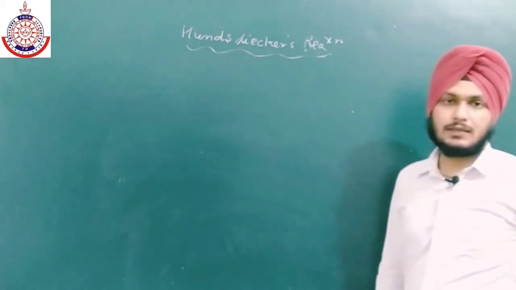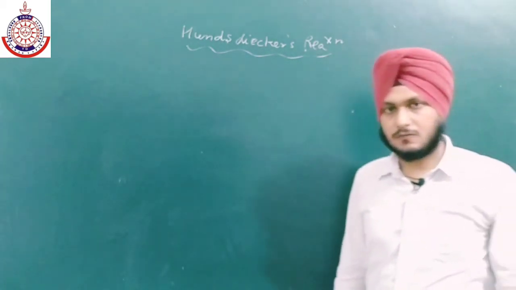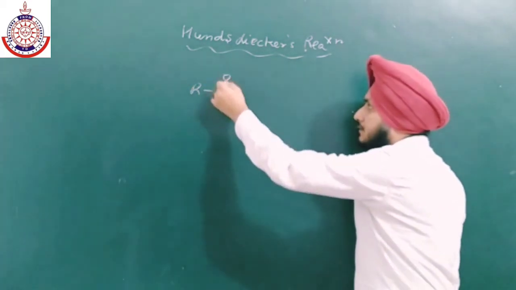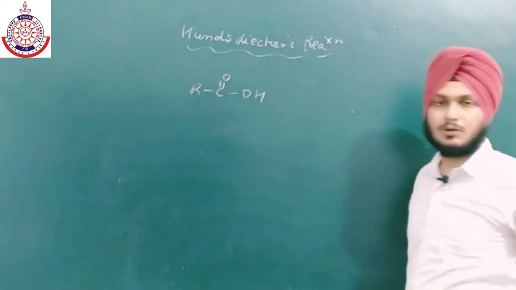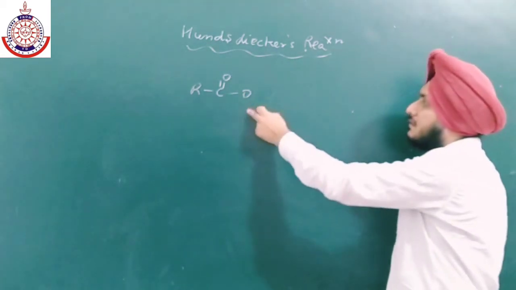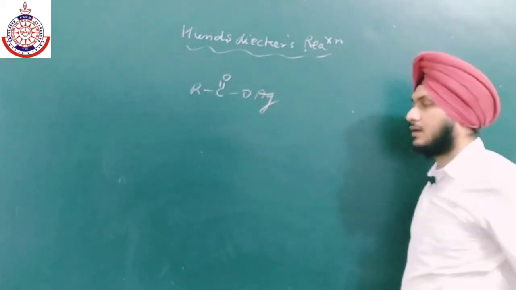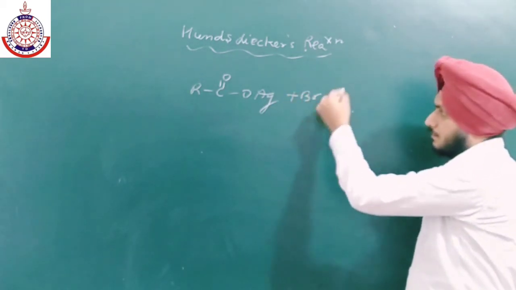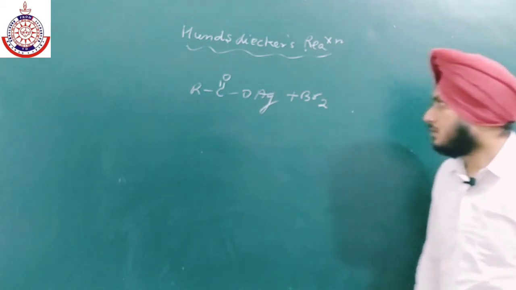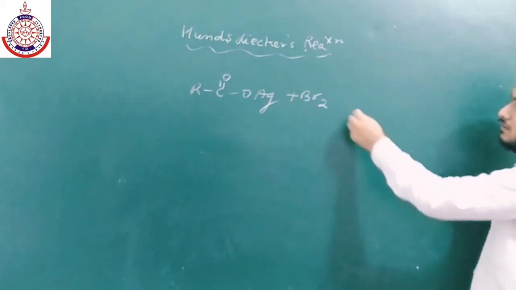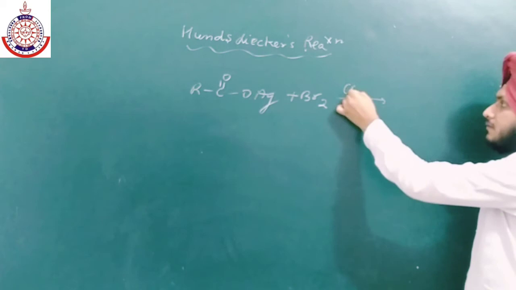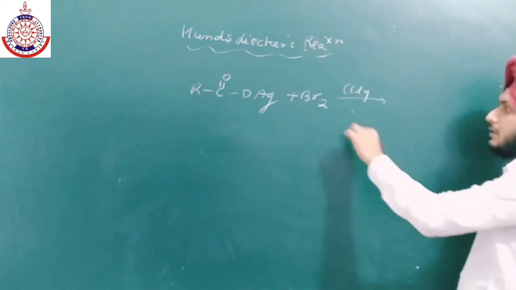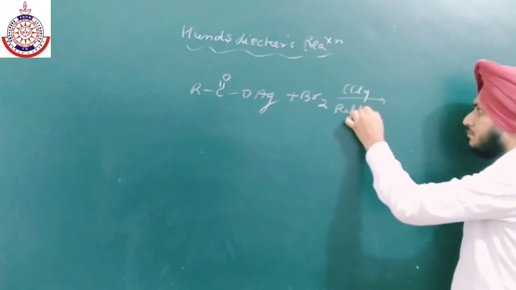In this reaction we have the silver salt of fatty acids. This is our fatty acid, a carboxylic acid, and if I replace this hydrogen with silver, we get a silver salt. We have to react it with a halogen in the presence of CCl4 as a solvent, and refluxing takes place.